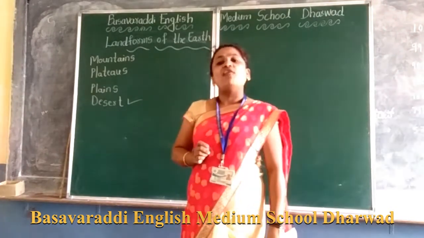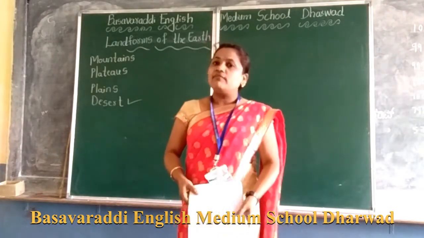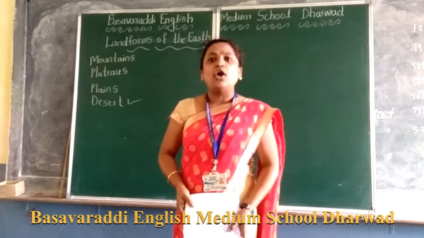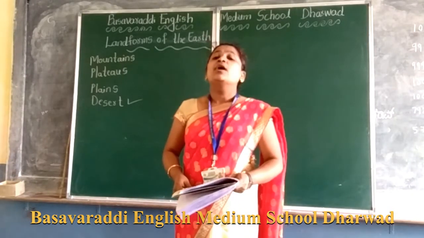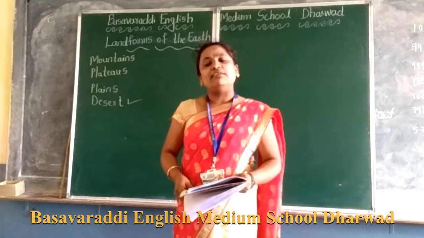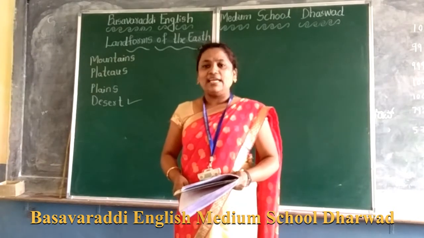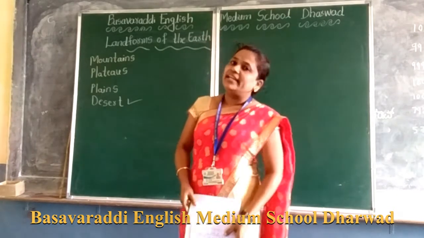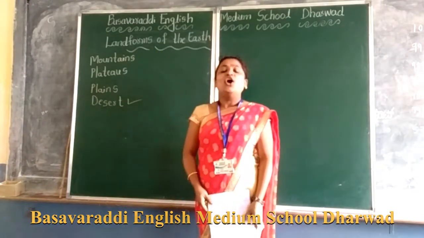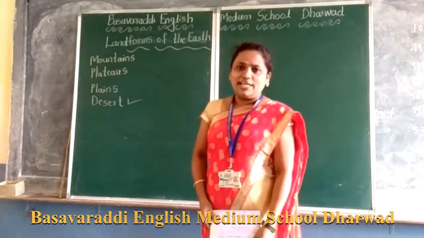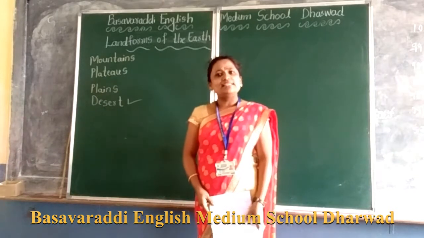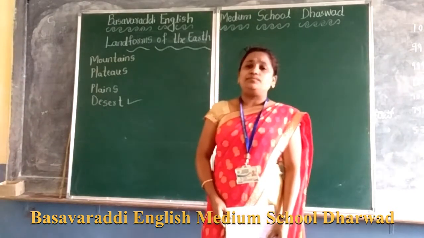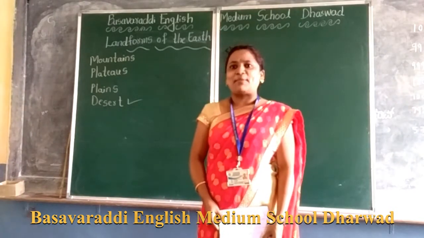Desert is a vast region that is covered with sand and receives very little rainfall, or scanty rainfall. And desert has an extreme hot climate.